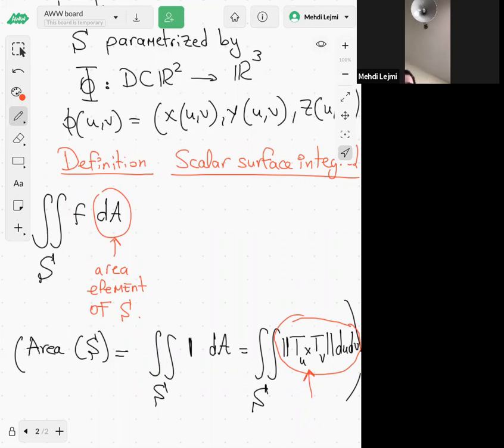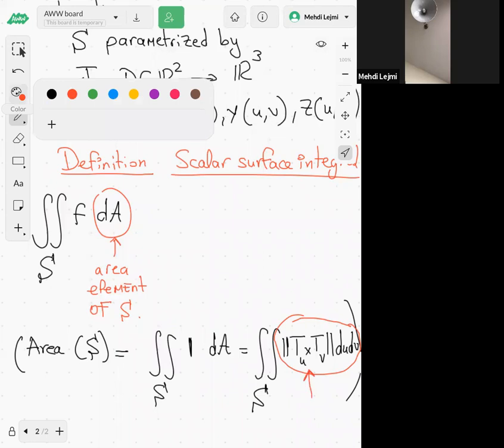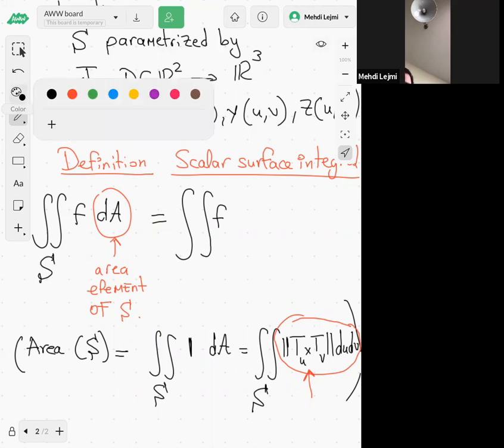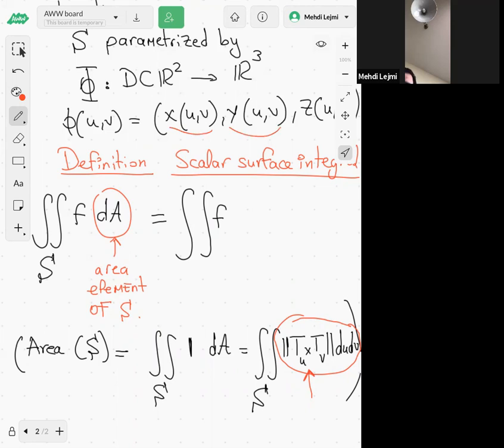So by definition, this is equal to the double integral over the region D of f, along the surface S, which means x is x of (u,v), y is y of (u,v), and z is z of (u,v).